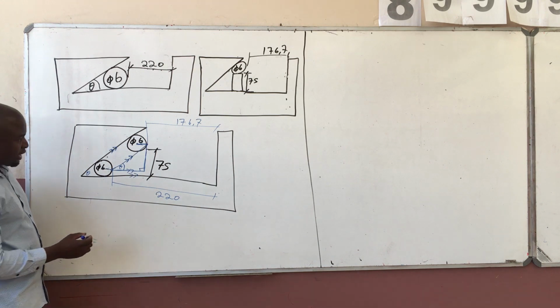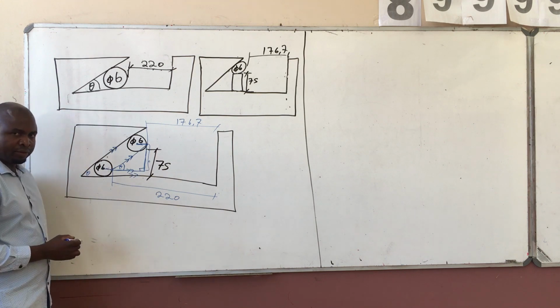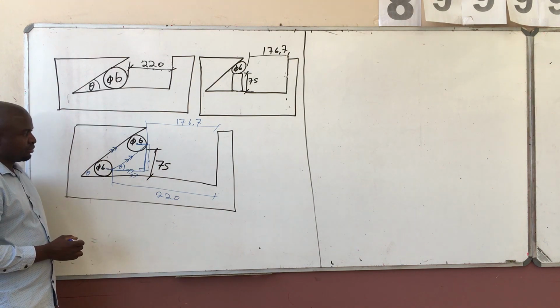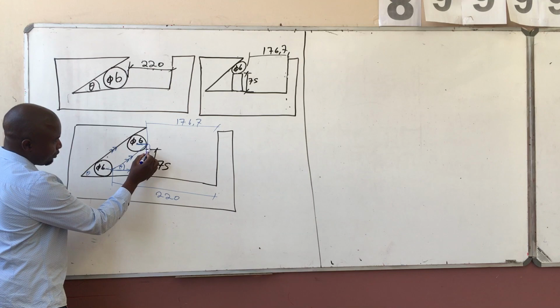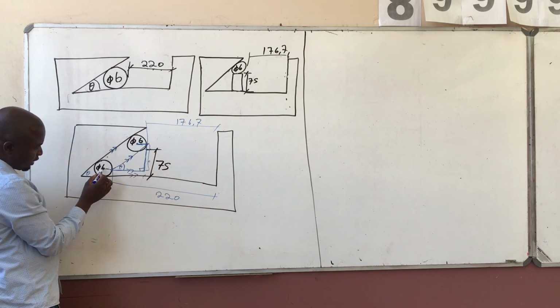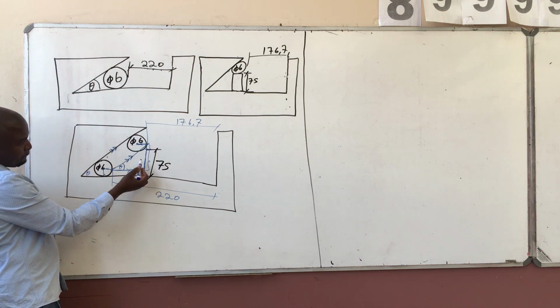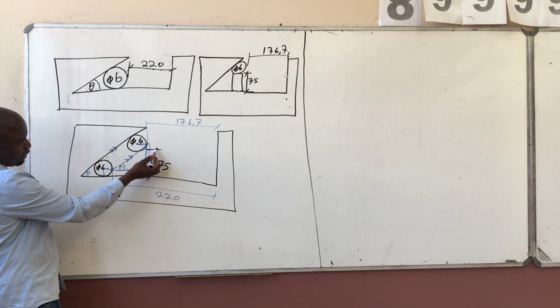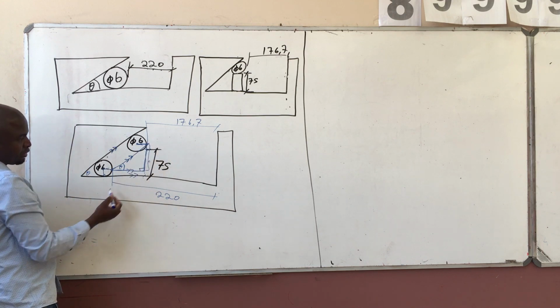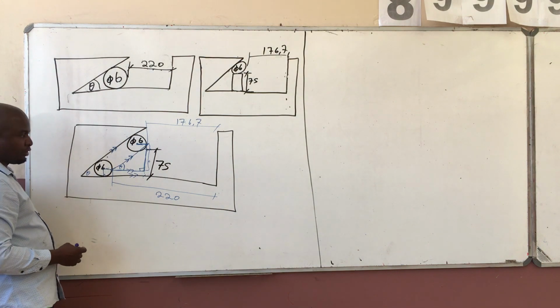So if we check, the distance from there to here is 75. From here to here is a radius, which is 3. From here to here is this radius of 3. From there to there, which is 3. Meaning it is 75 plus 3 minus 3, which is the same as 75.